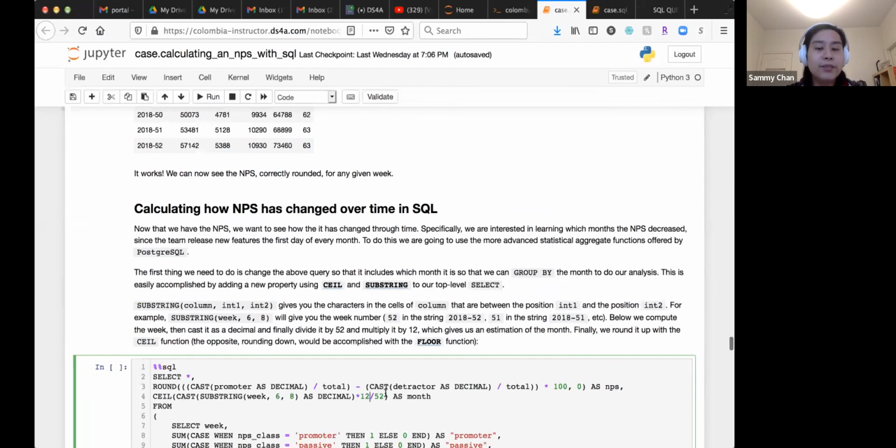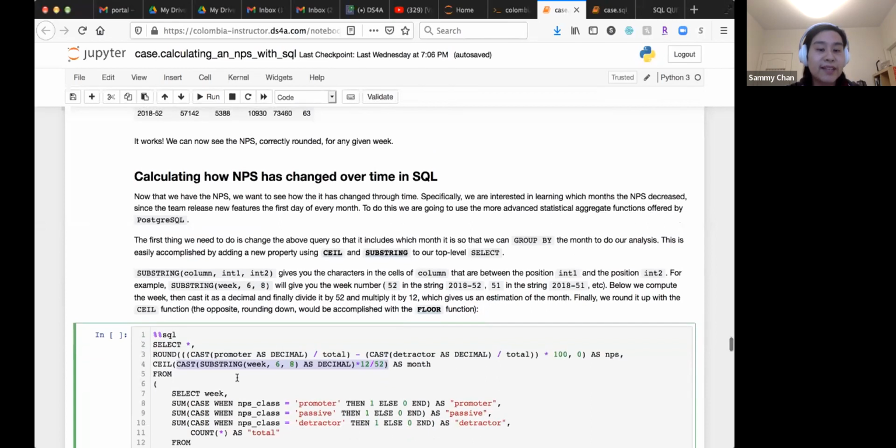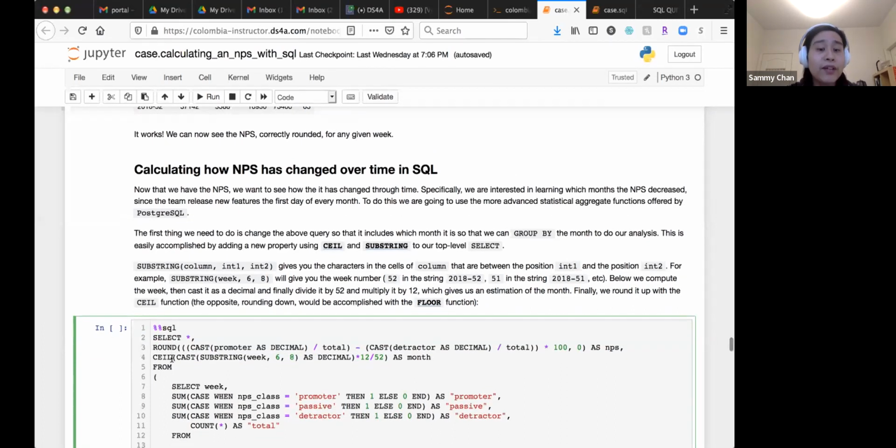And then since we have the months, but then of course as a decimal, we have to do a ceiling so as to round it up. So why are we not rounding it down, not using the floor?